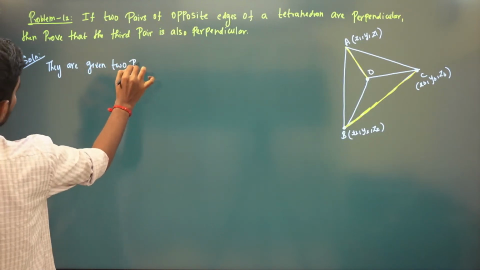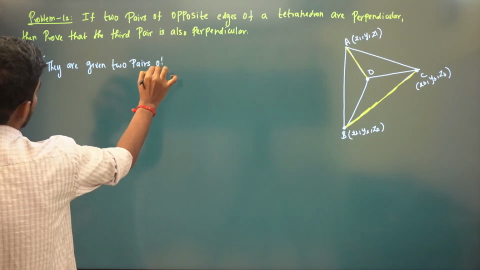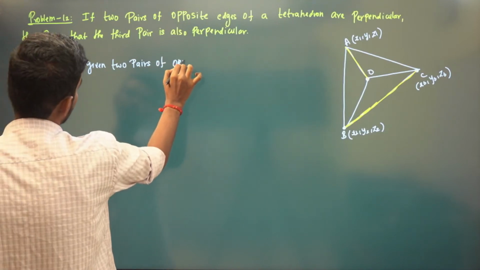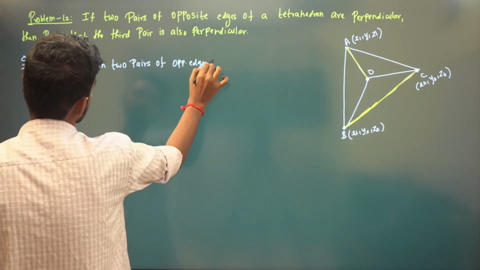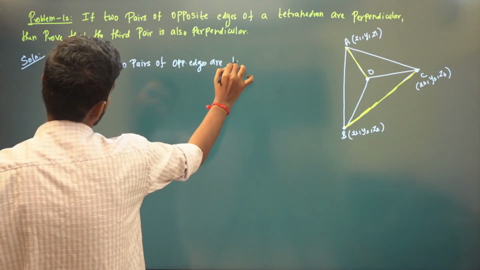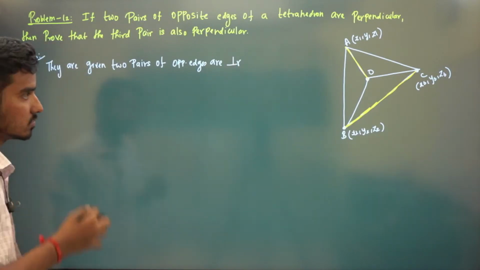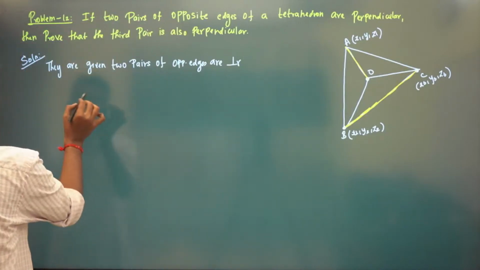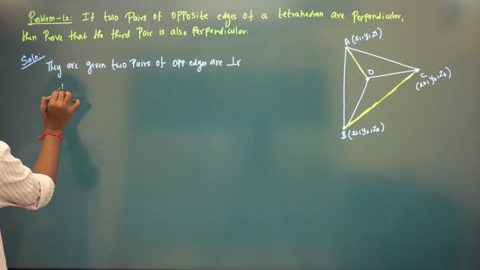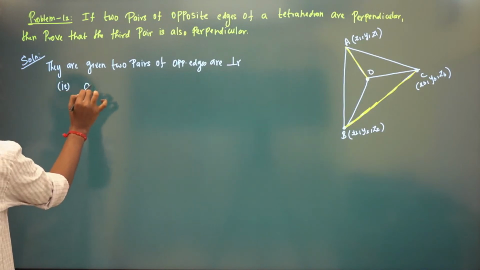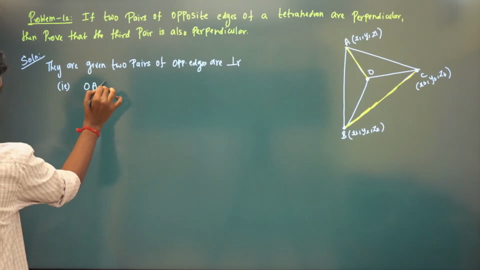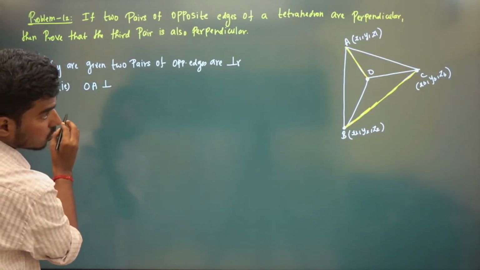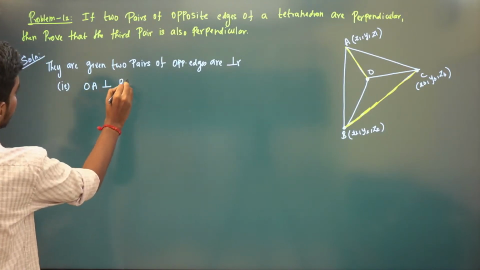These two are opposite edges only, right? So let the two pairs be: the first pair is OA perpendicular to BC.